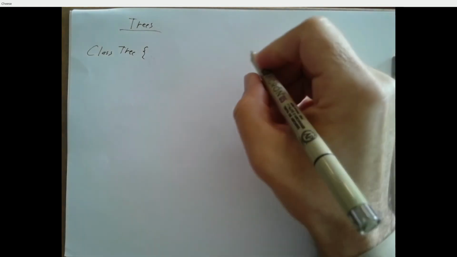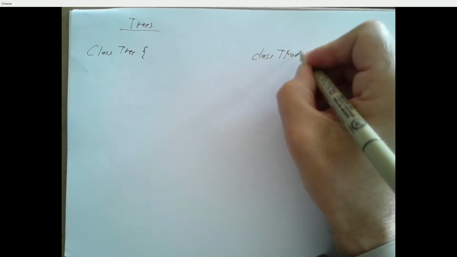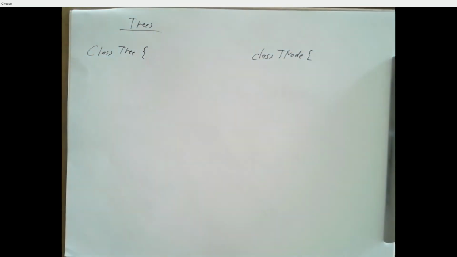Left and right refer to the children of a node, right? So we need at least one node. Maybe you want to make a class that encapsulates the nodes? I would strongly suggest making a tree node class and making a tree class. Just like the word list. Kind of like with the word list, yeah.